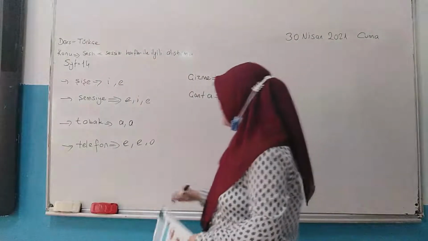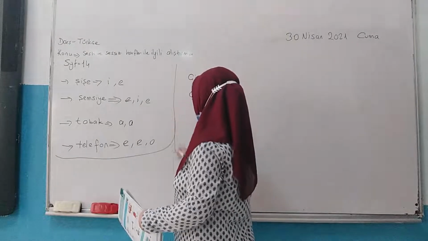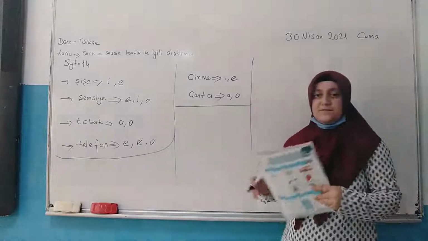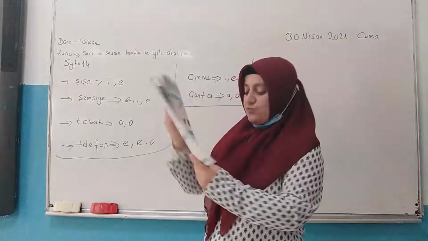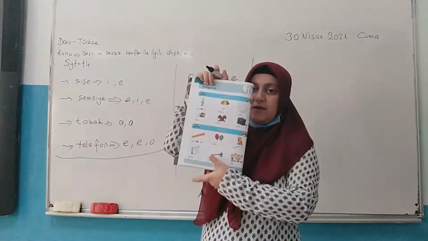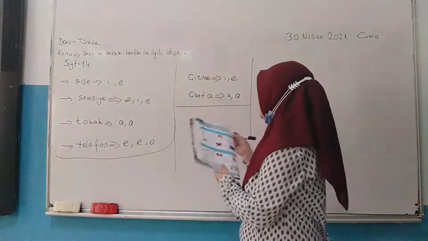Okay? We have completed the first part of our activity. It was the first activity on your activity book, page 14. Now I am going to pass to the second activity in your book. Okay? It was the first.